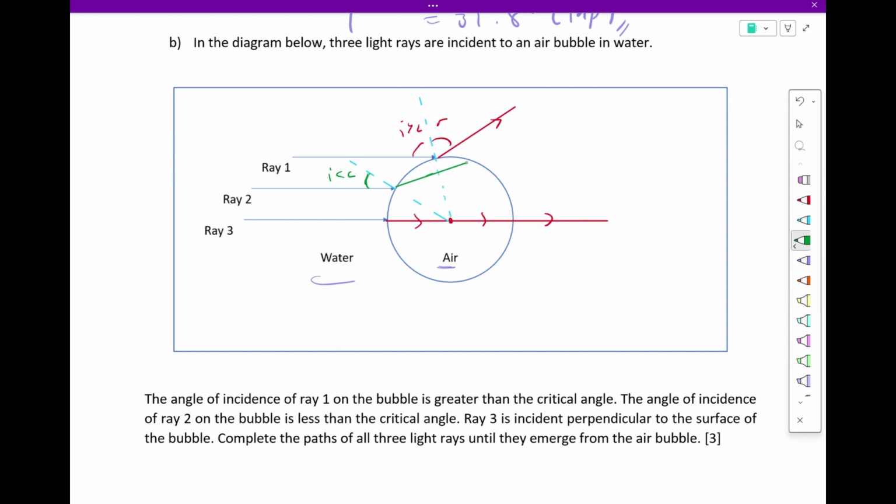Then you touch a brand new corner, so you draw a brand new normal. Now I'm traveling from air to water, so I am going to slow down and bend towards the normal. You actually end up with something like this, where I and R over here will be the same as the ones in front, because this is symmetrical. So this is how you draw it.